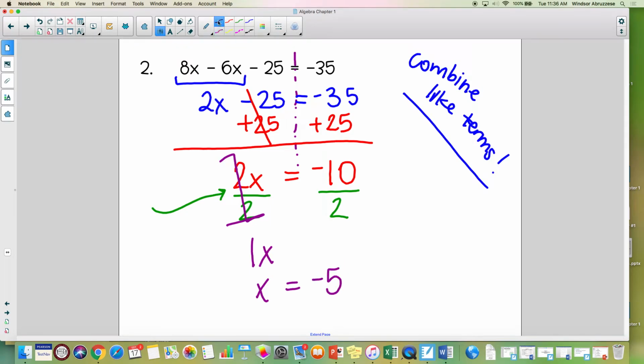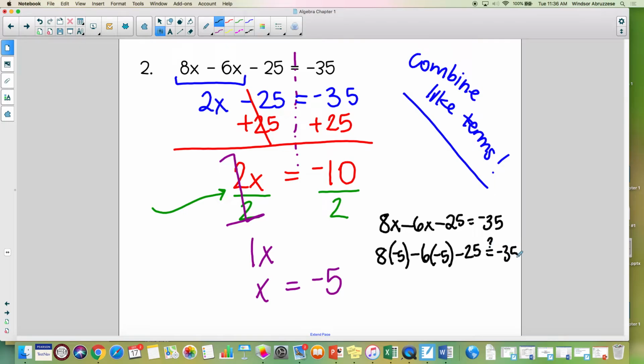Now let's go back to our original equation and check our work. 8 times negative 5 minus 6 times negative 5 minus 25. We want to know, does that equal negative 35? So positive 8 times negative 5 is negative 40.